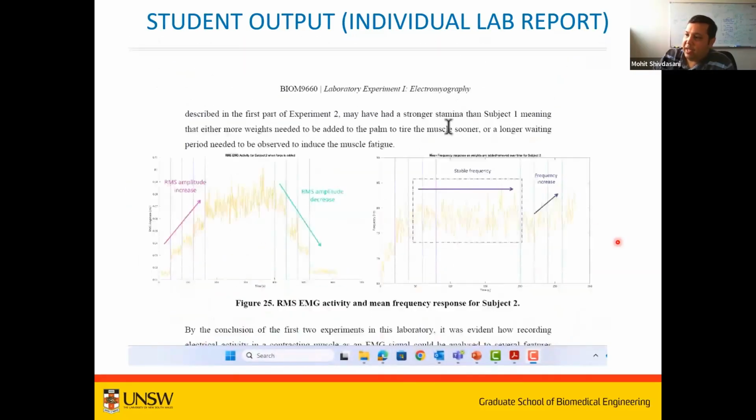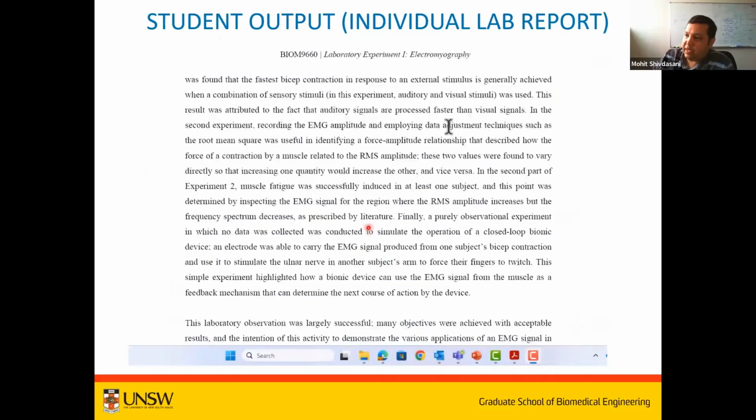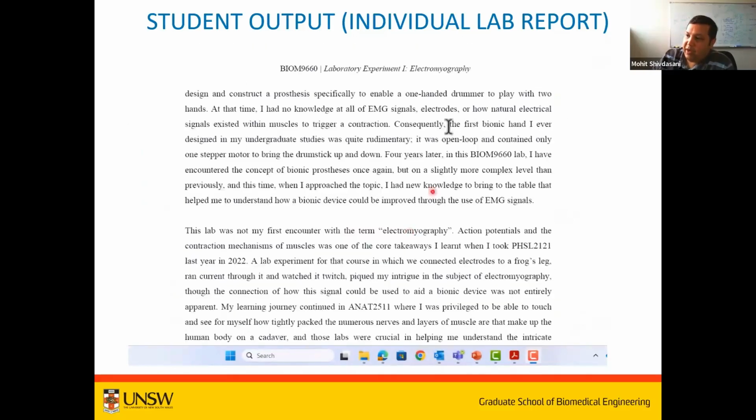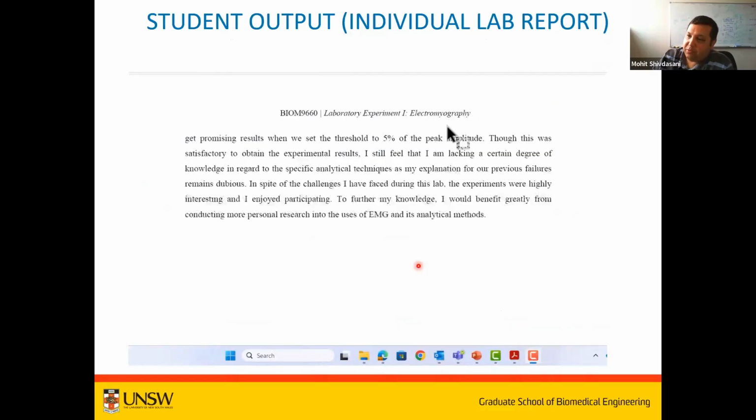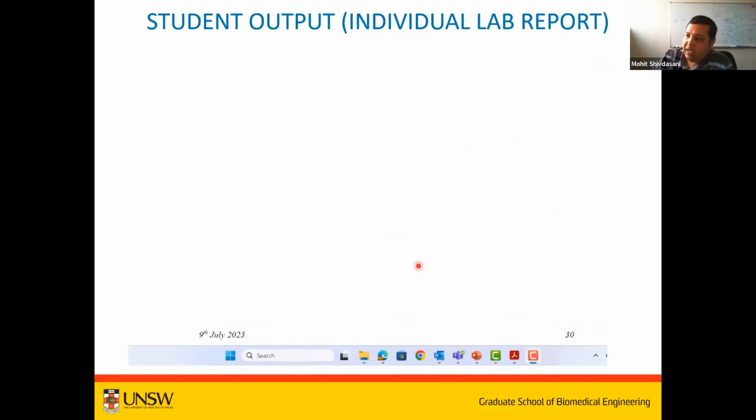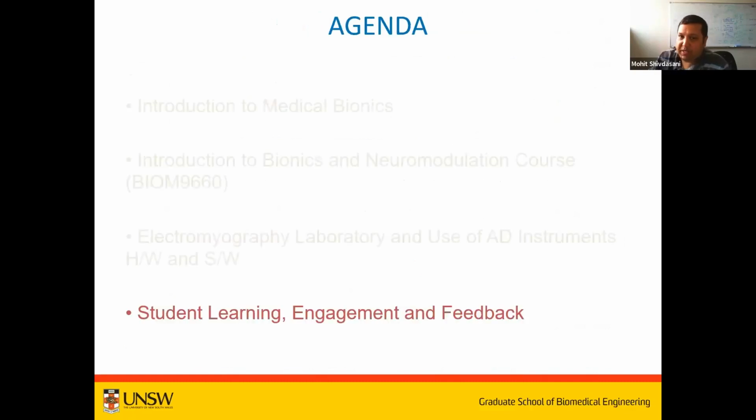Finally, they have to write a discussion and a conclusion section, but also a big reflection section that carries a lot of marks. This is where the students really have to reflect on their learning and tell us what they learned, what aspects of the lab were engaging to them, and how it links what they've learned in engineering and physiology, how it is all brought together.